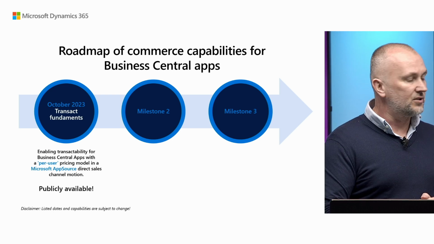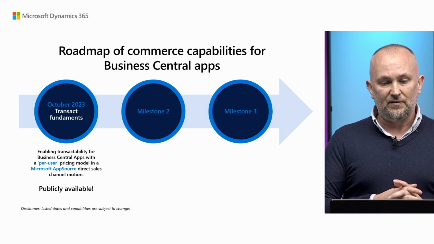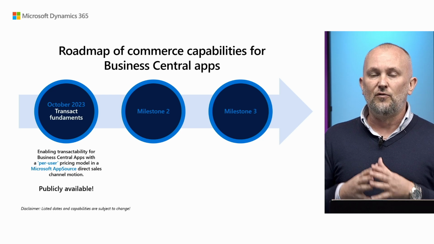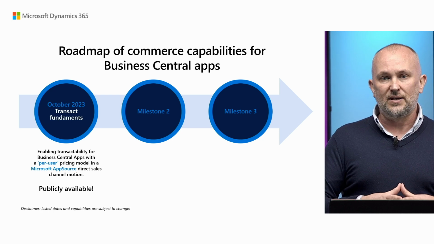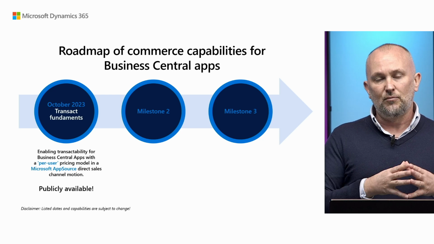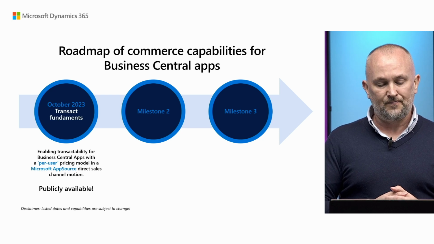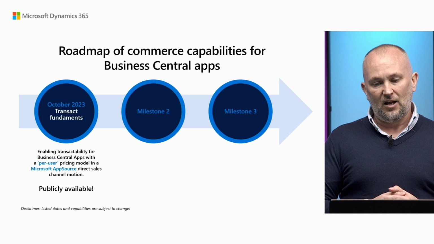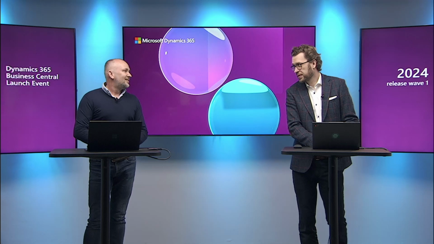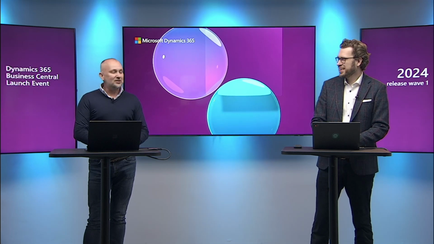And that's what Peter is going to explain as the very first step. Then we're going to move on to the next milestone, which is the CSP enablement, and we'll show that a little bit later on. And with that, Peter, are you ready to take over to give the people a tour of Appsource transactability?